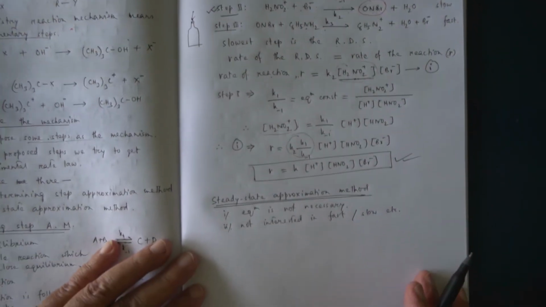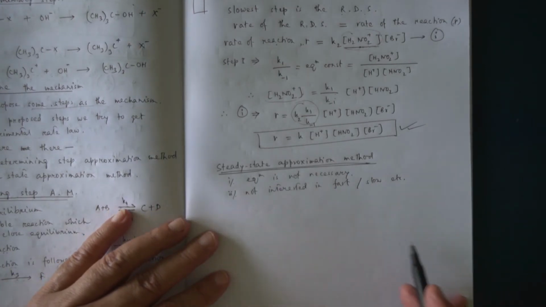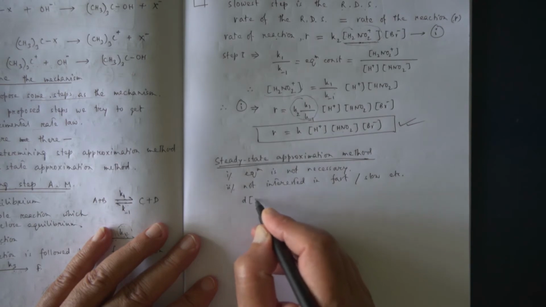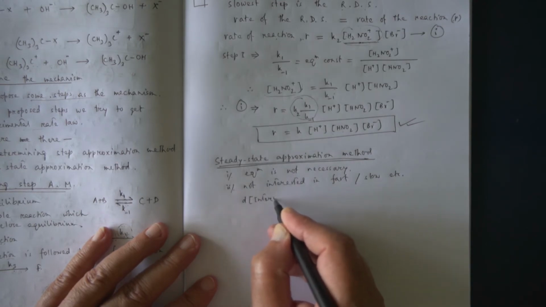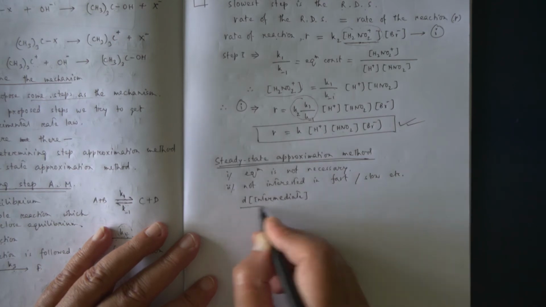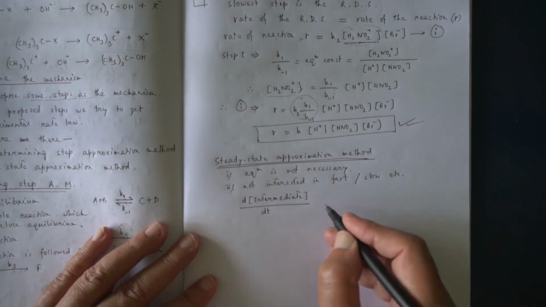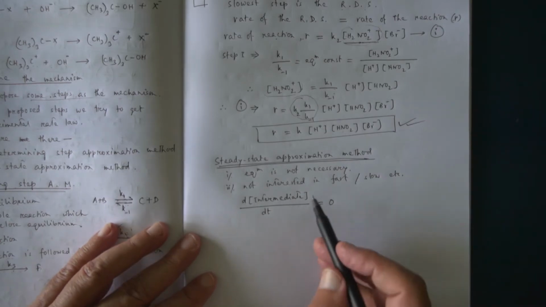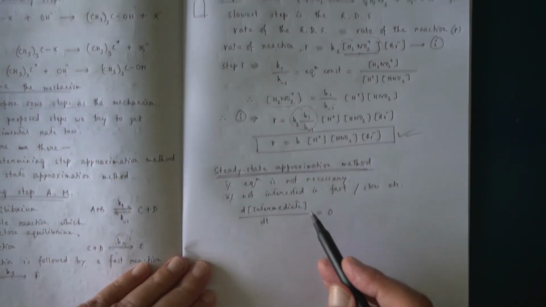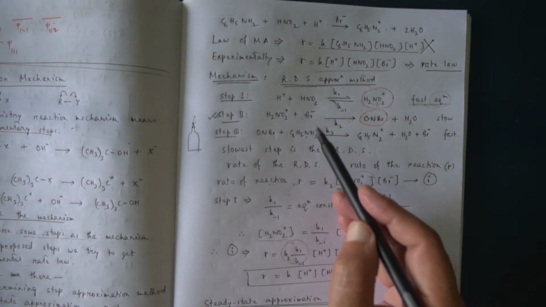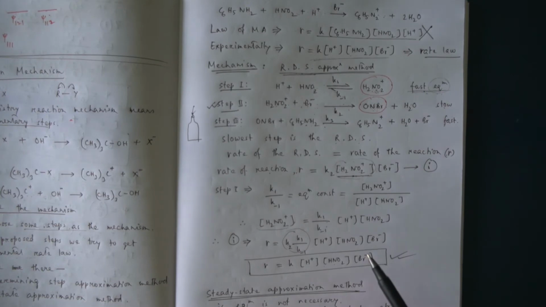Okay, so in steady state approximation we assume that d[intermediate]/dt is 0. We assume this. And by assuming this, we try to find out the rate law from the proposed mechanism. Okay?